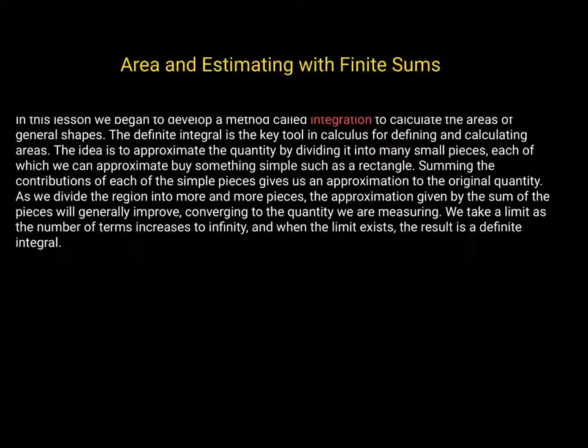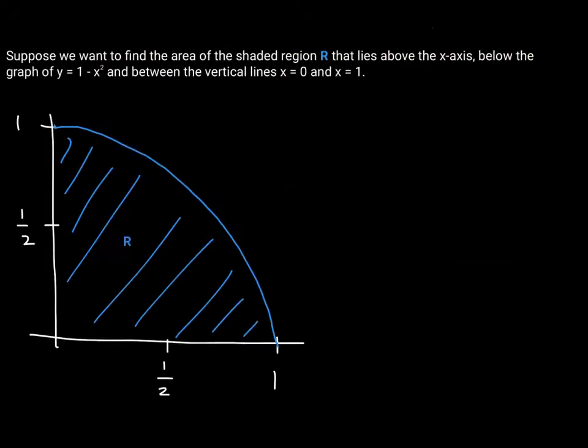So let's begin by finding the area under a graph. Consider the following. Suppose we want to find the area of this shaded region I've called R that lies above the x-axis, below the graph of y equals 1 minus x squared.